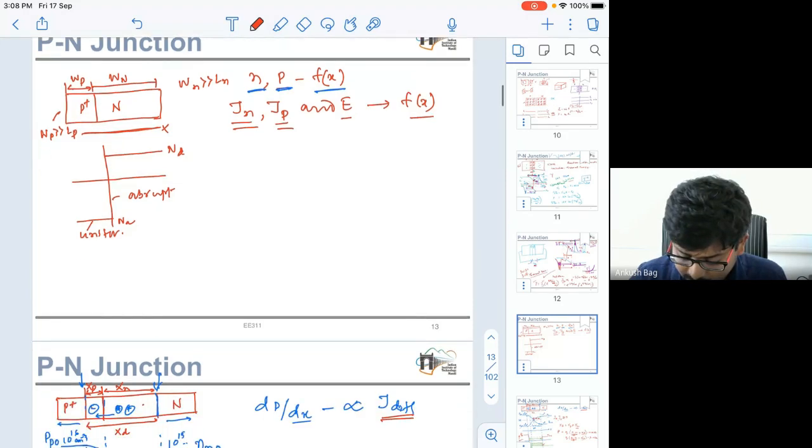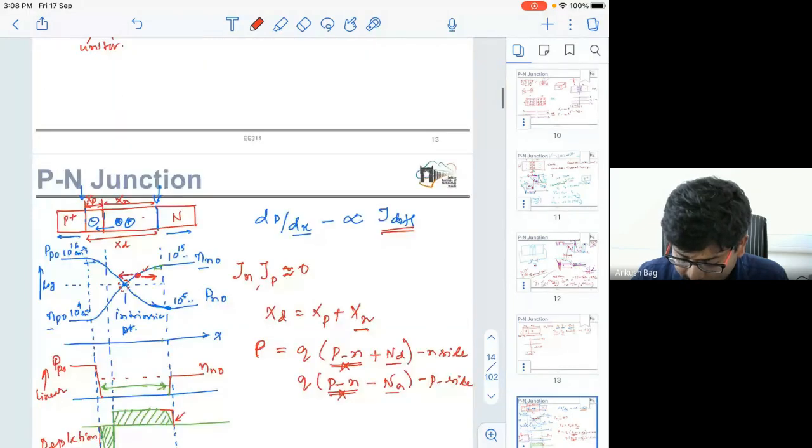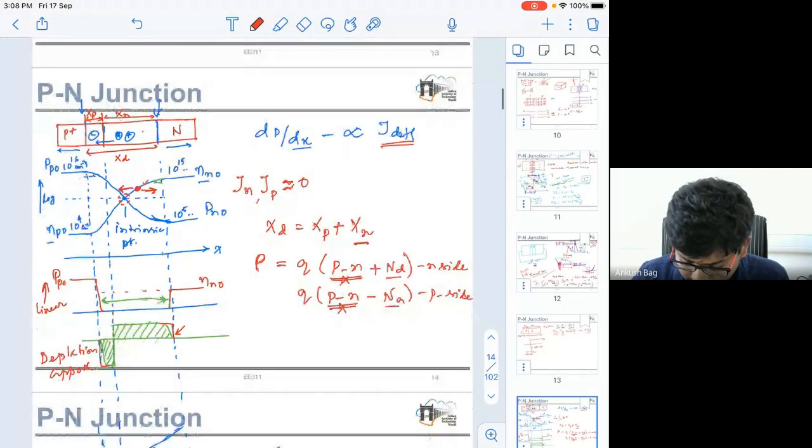Essentially, in the last class we saw the variation of both minority carrier concentration as well as majority carrier concentration across the PN junction in a log plot.